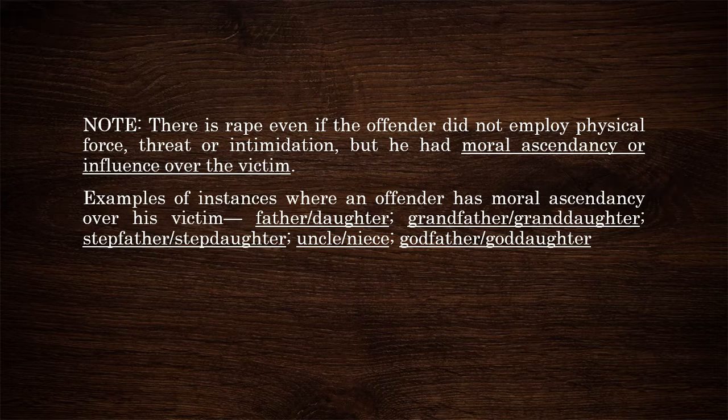The Supreme Court has, in numerous cases, ruled that in these situations or instances, the offender has moral ascendancy or influence over his victim. And in such a case, it is not necessary that the prosecution prove that there was physical force or threat or intimidation employed by the offender in these cases.